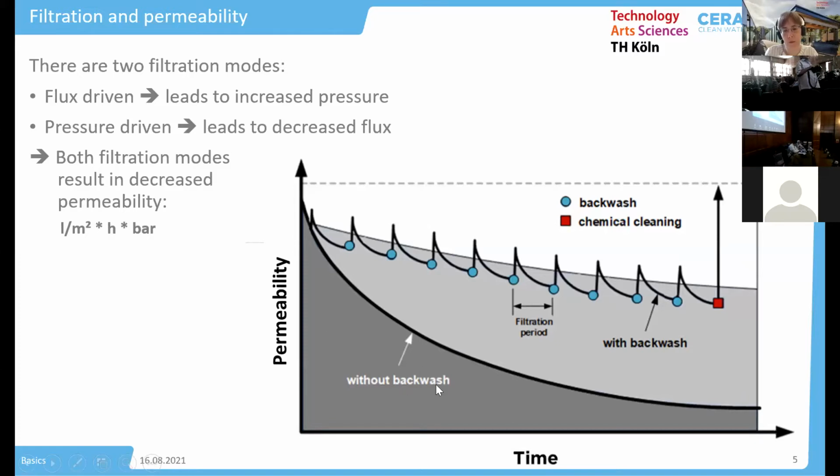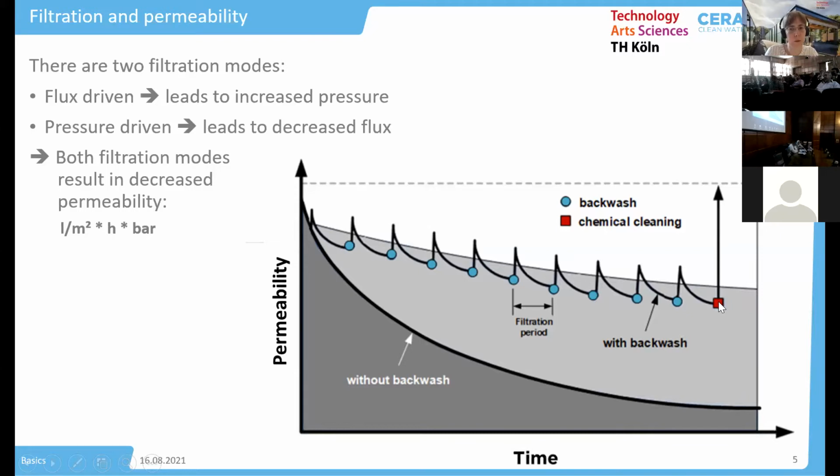You have the permeability over time, and without any backwash, you will have a decreased permeability over time. To operate such a membrane system with higher permeabilities, you run it with regular backwashes, and then you have higher permeability. Nevertheless, permeability decreases a little bit, and from time to time, as you all know, we need a chemical cleaning.